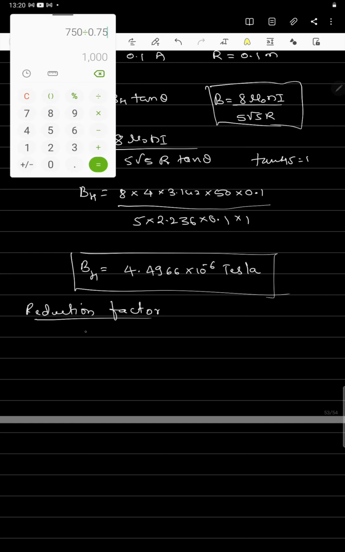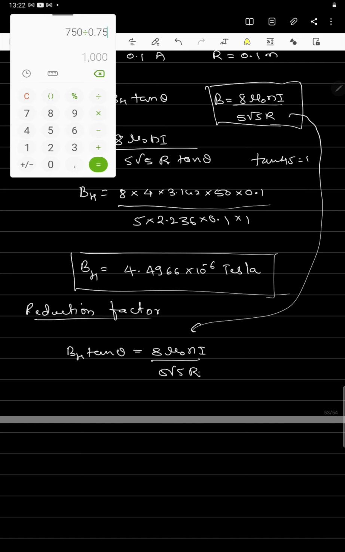So what is that reduction factor? This equation we can write: BH tan of theta equals 8 mu naught N I divided by 5 root of 5 into R.